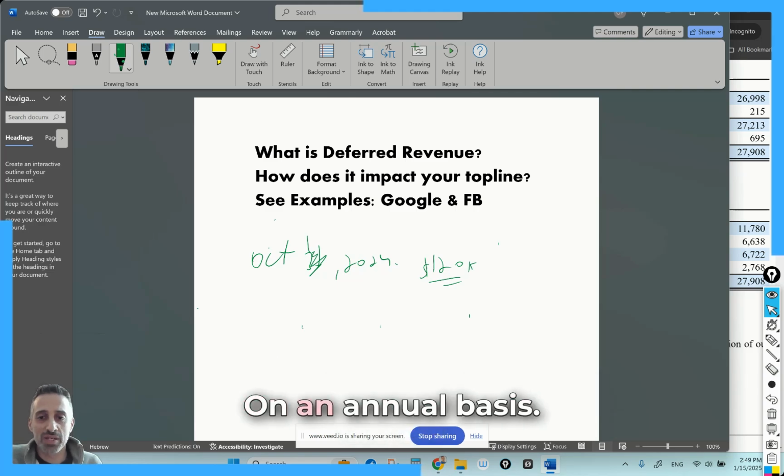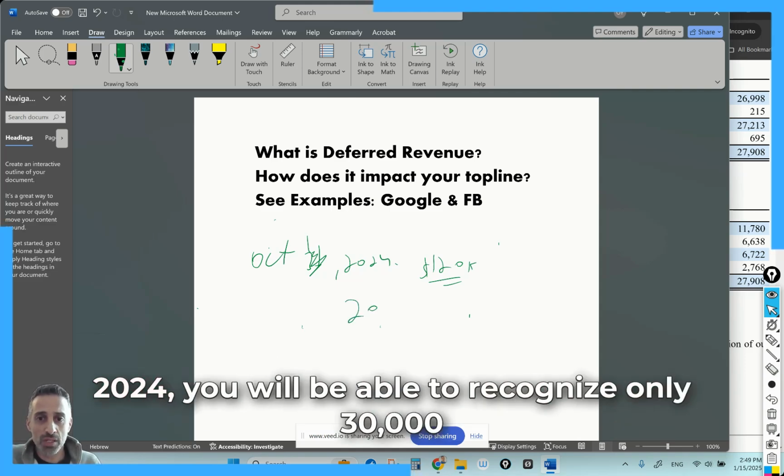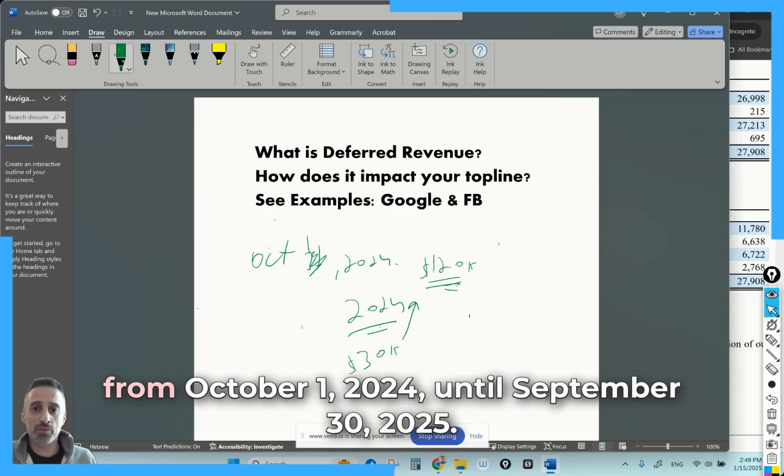And it's on an annual basis. So what it means is that in 2024 you will be able to recognize only 30,000 out of this 120, because the service period is from October 1st, 2024 until September 30th, 2025, right?